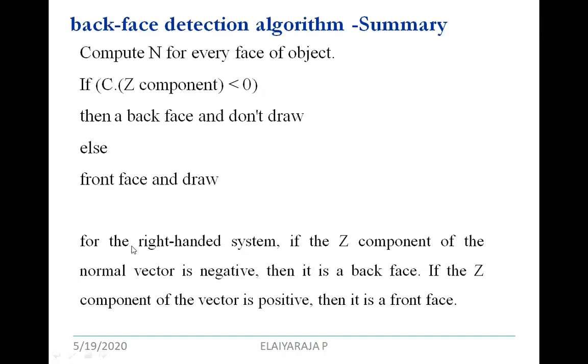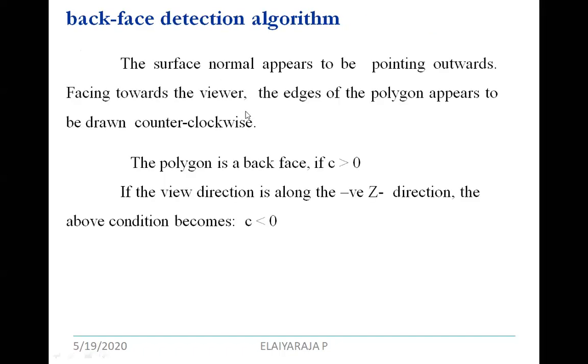And for the right-handed system, as I said, if the z component of the normal vector is negative, then it is back face. Else, if the component of the vector is positive, then it is front face. This is about your back face reduction algorithm.